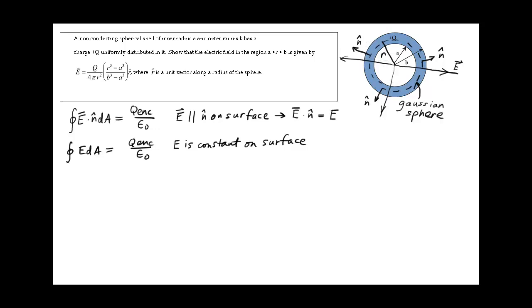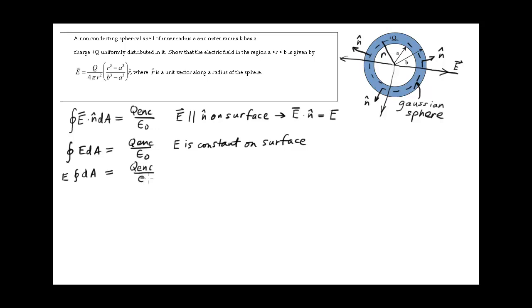But at a particular value of r, every point has the same symmetry as every other point. And so if E is constant on the surface, we can bring the E outside the integral. And so we get E integral dA, once again, and we'll rewrite the right-hand side.